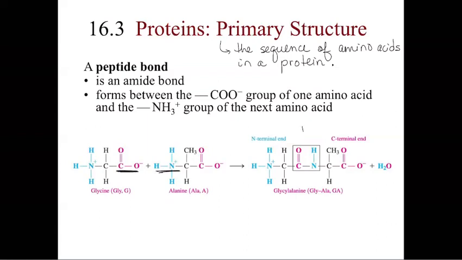And you can see that through an amidation reaction makes an amide bond. And that amide bond is called a peptide bond, okay? Now, overall, how does this happen?